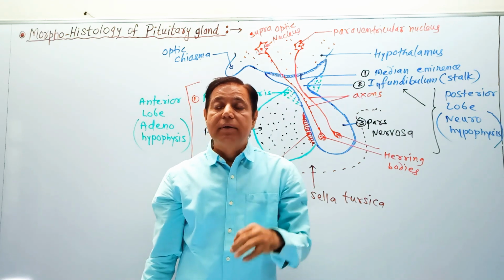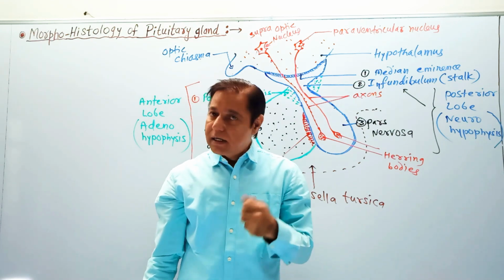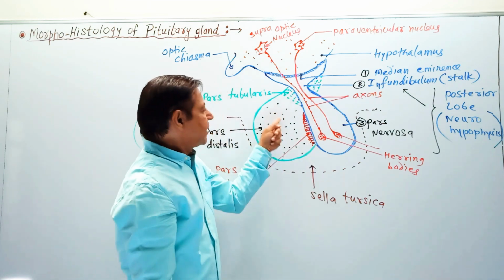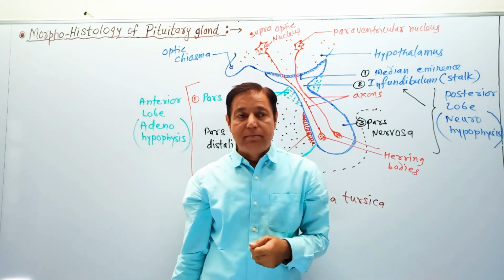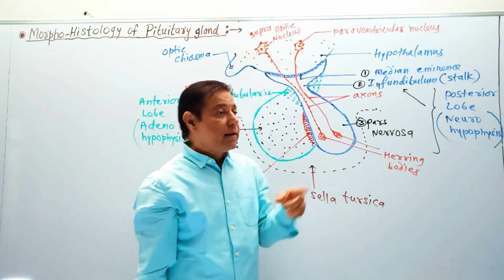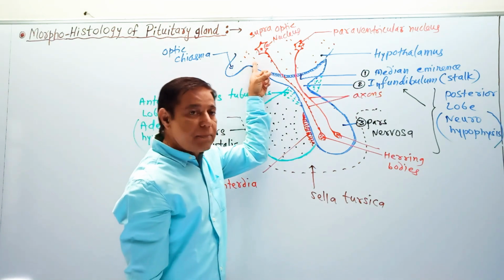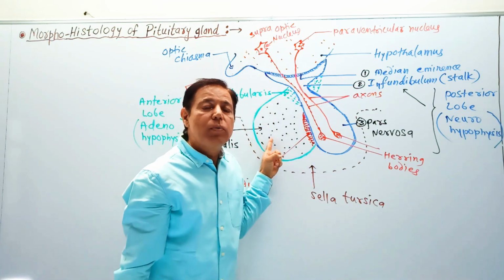Similarly, kidneys have renal artery and renal veins. But for the pituitary, there are no special blood vessels. That is why blood from the hypothalamus is brought to the pituitary.